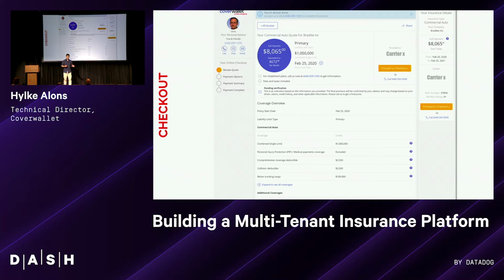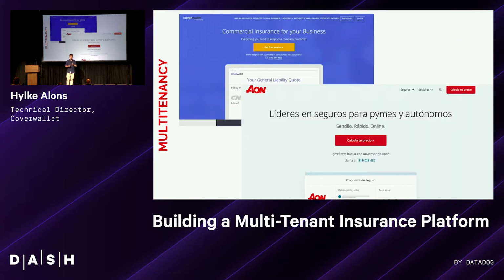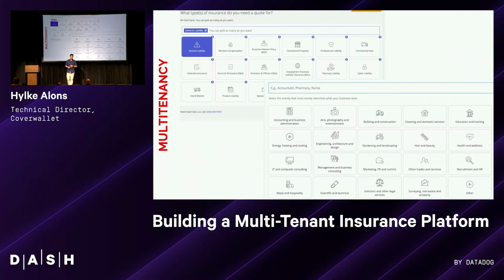So that seems at first hand very simple. However, the multi-tenancy comes in when you're deploying this into different markets for different partners in different everything. First of all, the landing pages change. These are actually landing pages that we currently have, and there are a ton more out there. If you take a deeper look at the product in terms of multi-tenancy, we have customizations for each different tenant.